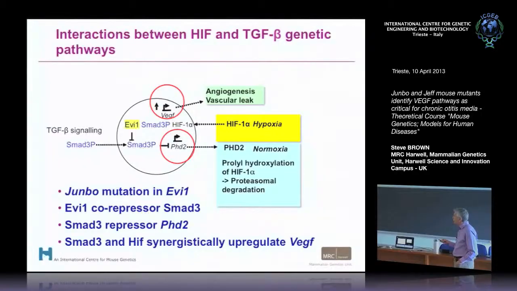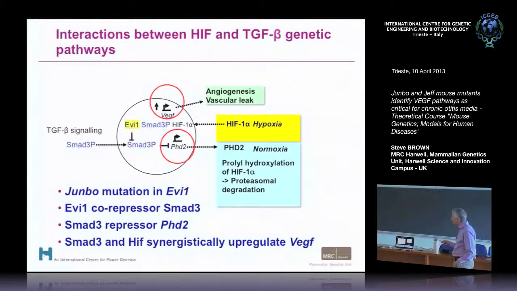So for example, we have TGF-beta signaling, which works through activating SMAD3. SMAD3 is known to be a repressor of prolyl hydroxylase 2, which is responsible for turning over HIF1 alpha in normoxic conditions and degrading HIF1 alpha.